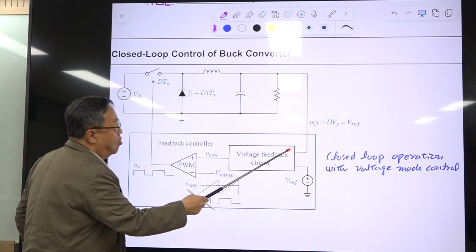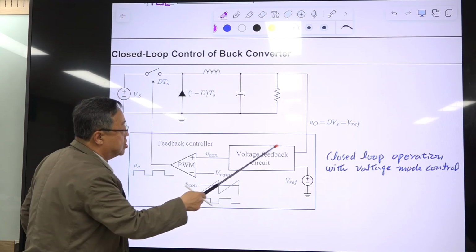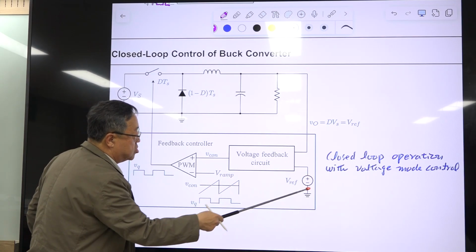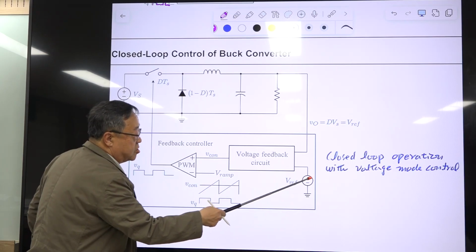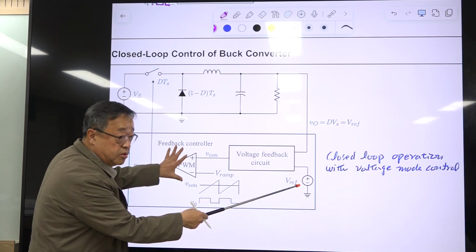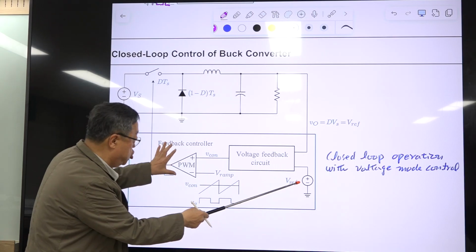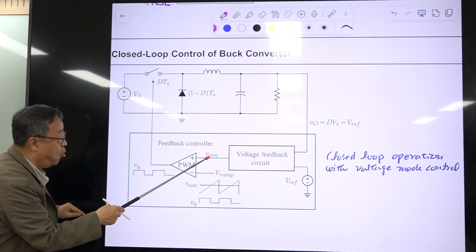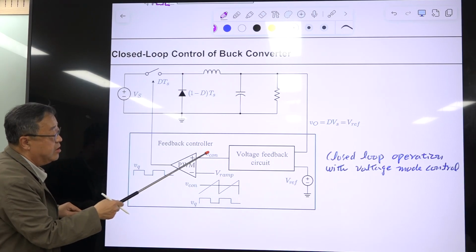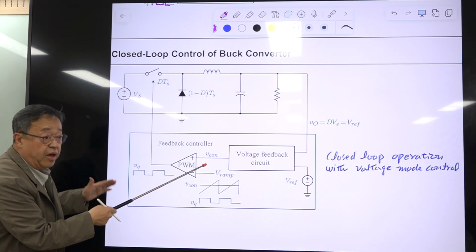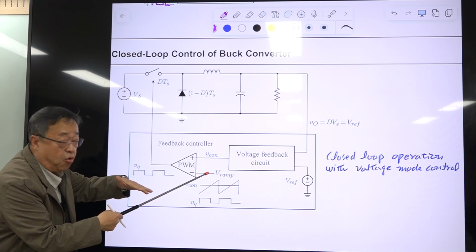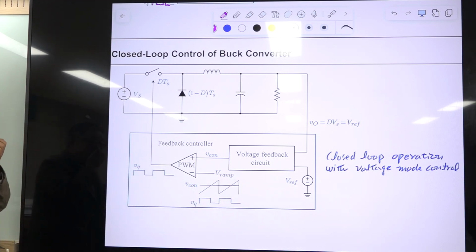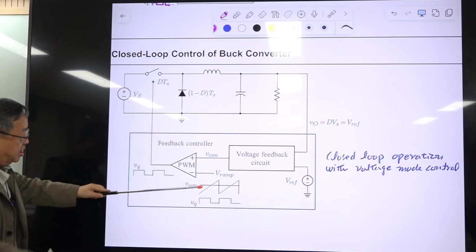The output voltage is fed to this voltage feedback circuit along with this reference voltage, which is supplied by the PWM control chip, and the output of this circuit becomes the control voltage Vcon. It can be varied during one operational period or over several operational periods, but assume this is a constant now.